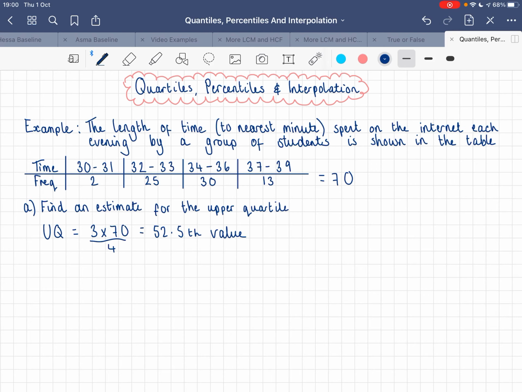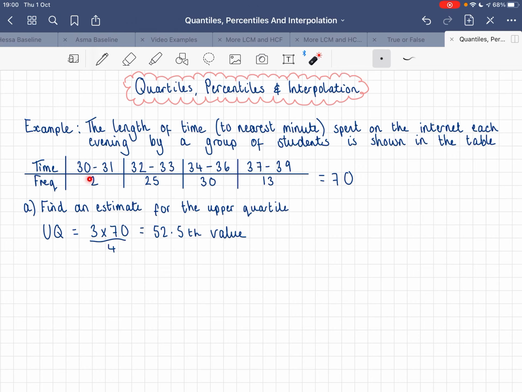We need to think of the class that we're interested in, and the frequencies that we have within that class. If we're looking for the 52.5 value, that is going to be somewhere in this interval.